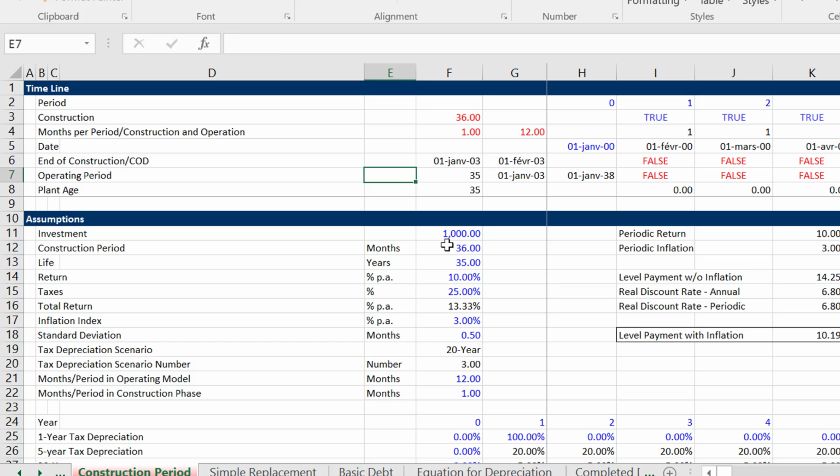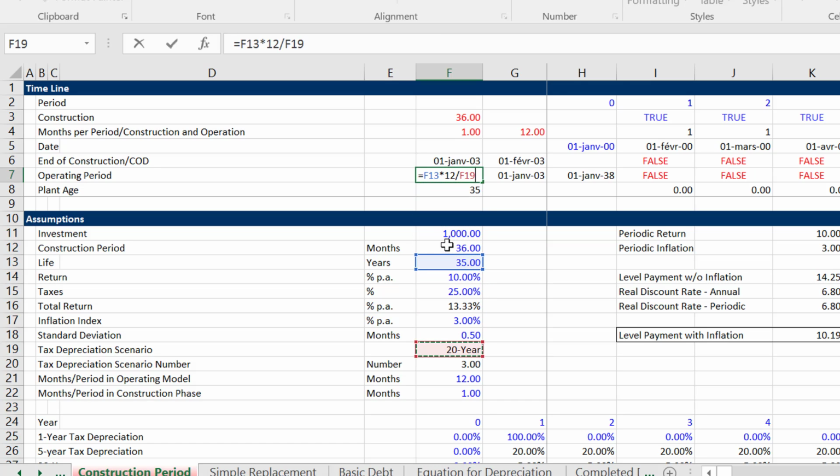Now, the operating period is supposed to be 35 years. Now, I put a formula there. If we're going to potentially do it in months, we would take this operating period we have, multiply that by 12, and then you divide by 1.